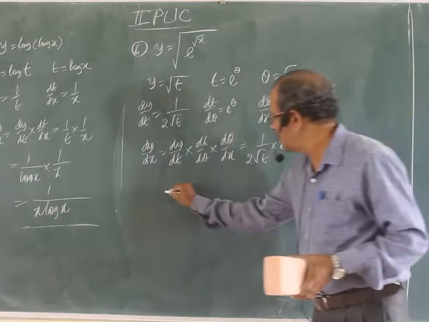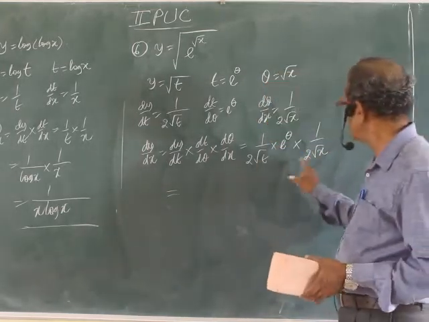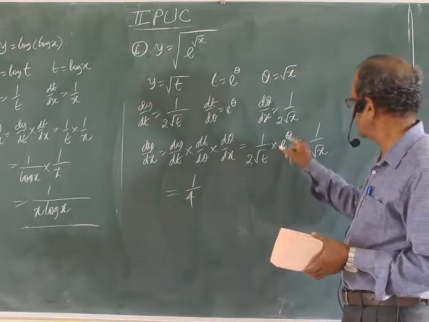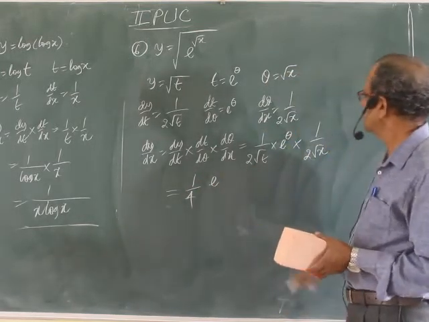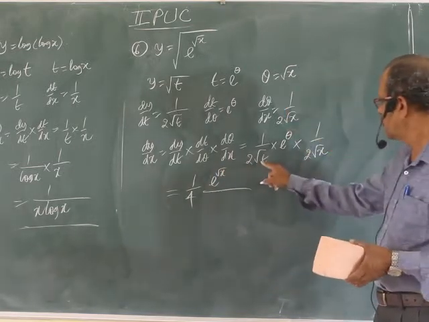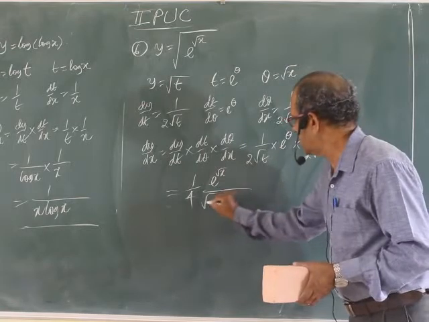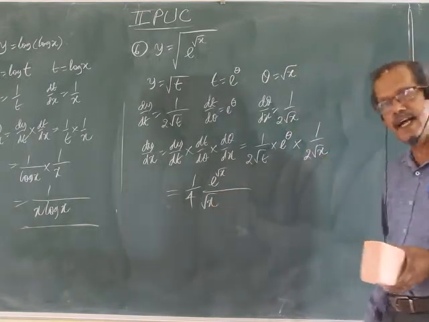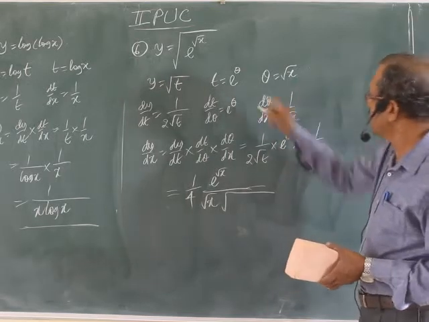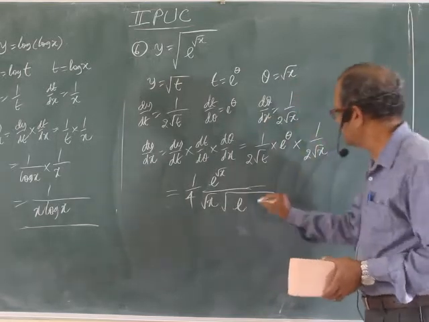Simplification is 2 into 2, let me write it together, 4. E to the power theta numerator, that theta is root x, by root x, let me write first. Root x, it's however in x. Only this one. Root t is e to the power theta is root x.